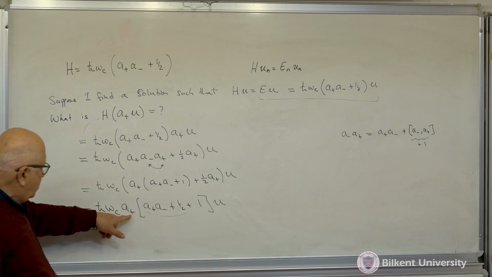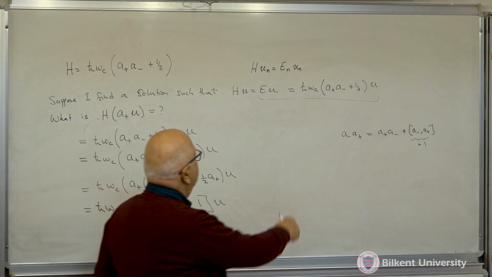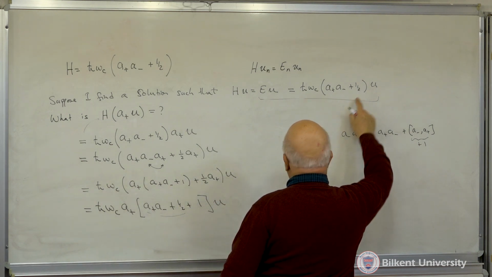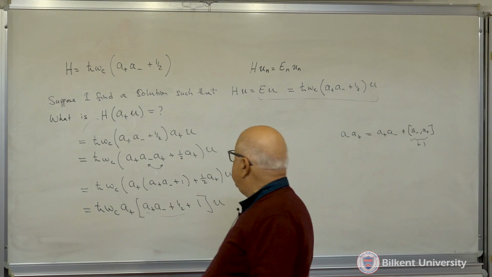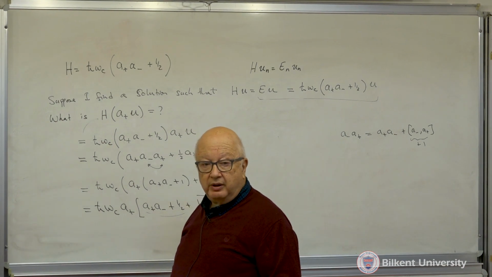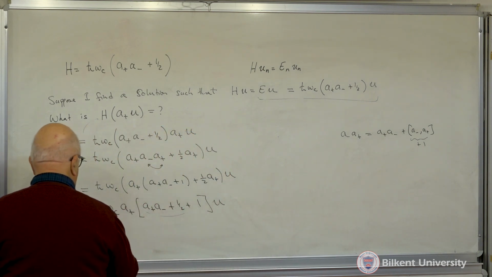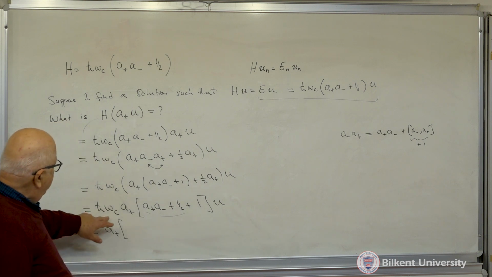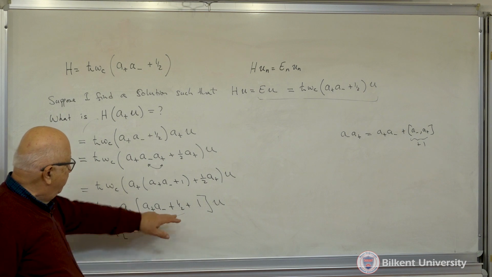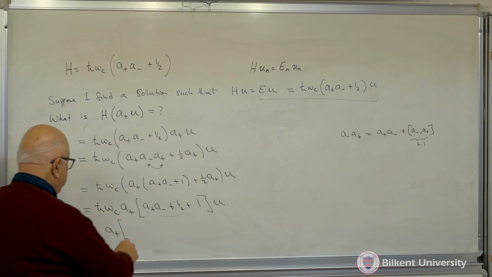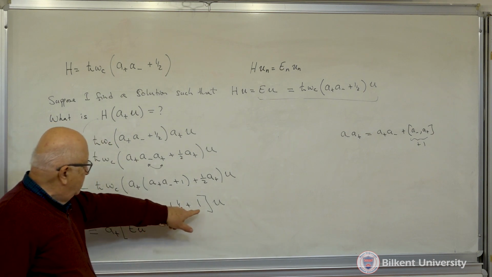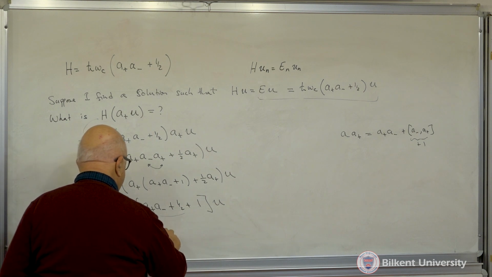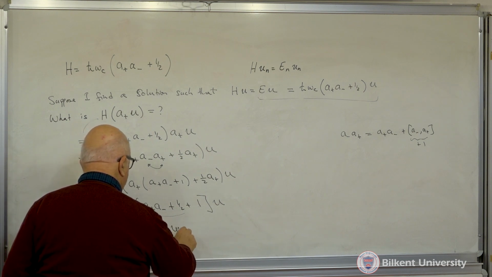That piece, h bar omega c, a plus a minus plus a half, is going to give me the energy of the system, E. So a plus is still here, multiplying everything. h bar omega c, a plus a minus plus 1/2 u is, according to that equation, E u. But then I also have this 1, which gives me plus h bar omega c u.